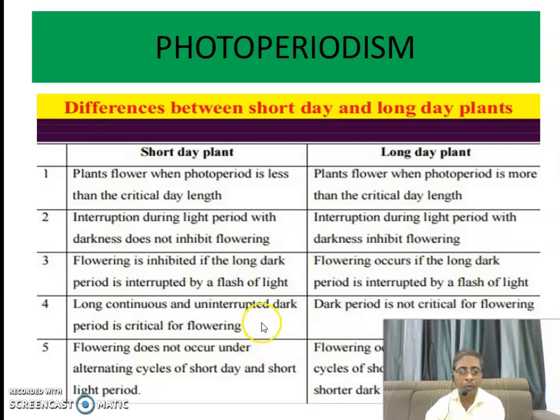Another basic difference is that a long, continuous and uninterrupted dark period is critical for flowering in short day plants, while in long day plants the dark period is not critical for flowering. And one more basic difference: in short day plants, flowering does not occur under alternating cycles of short day and short night period, while in long day plants flowering occurs under alternating cycles of short day followed by a still shorter dark period.